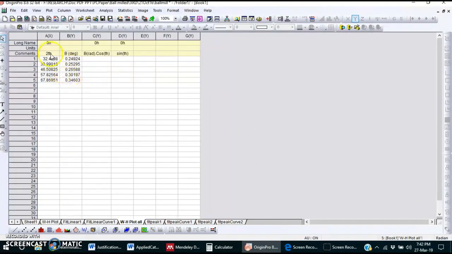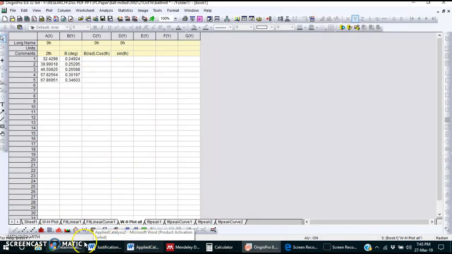So this was 2 theta for all 5 peaks and beta in degree. Now we need beta cos theta and sin theta. Why do we need these two columns?